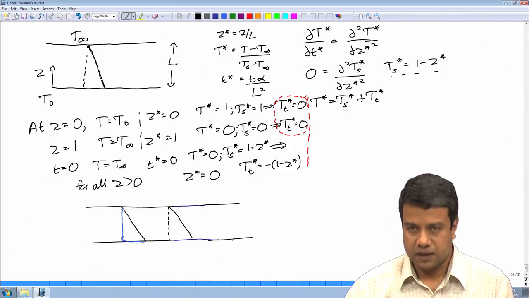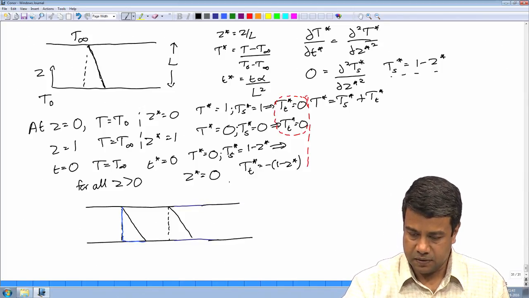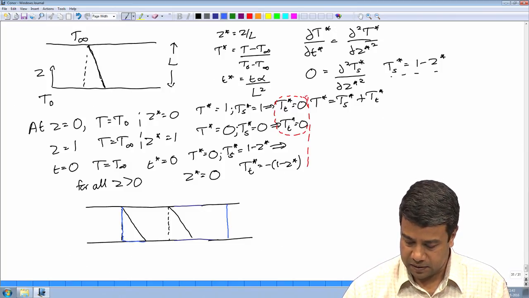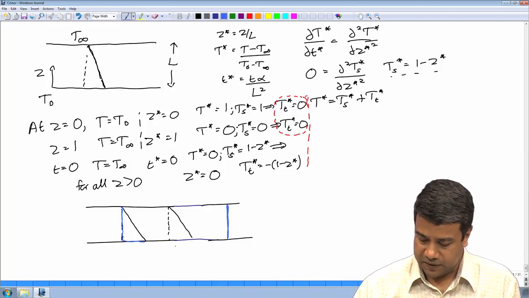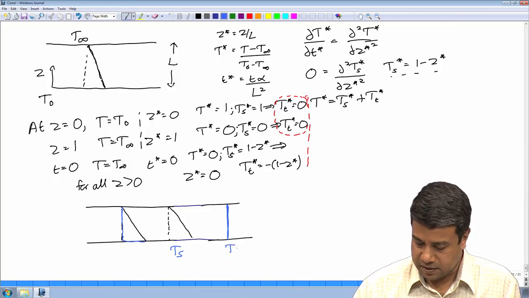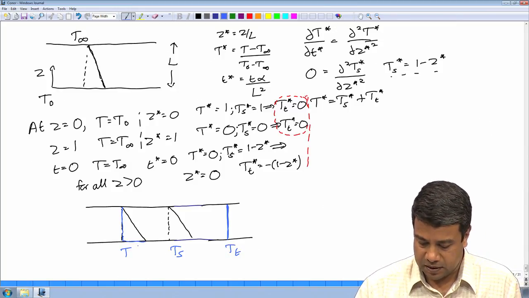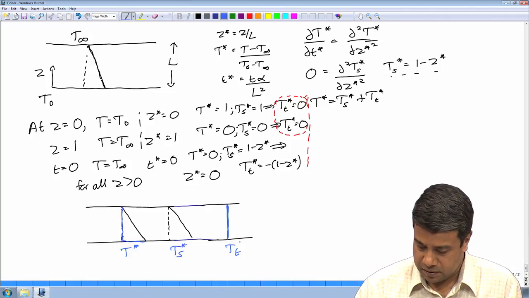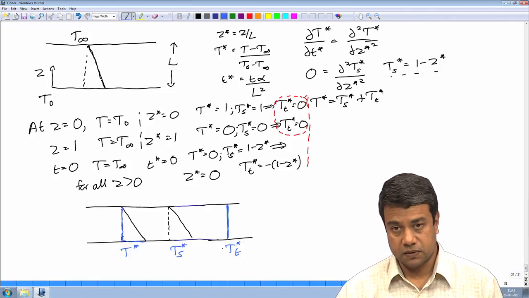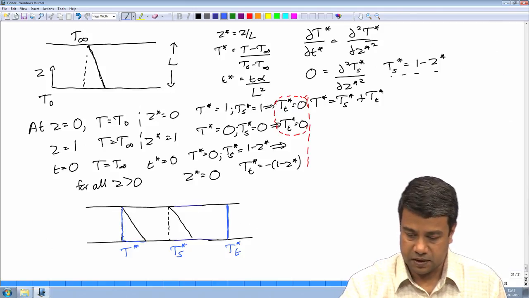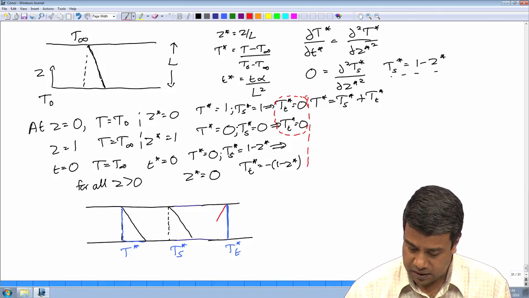That transient part is basically equal to 0 in the long time limit. So, if I sum the steady part plus the transient part, in the long time limit, I will get the total temperature. Initially also the sum has to be equal to 0, and therefore, the transient part at t equal to 0 has to look something like this.